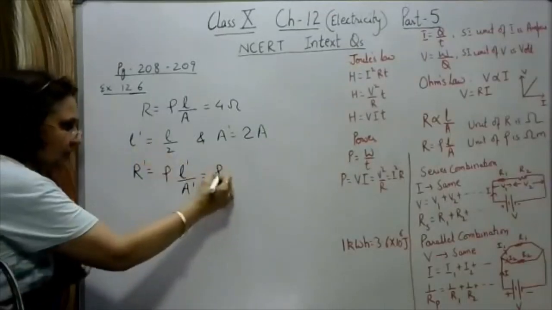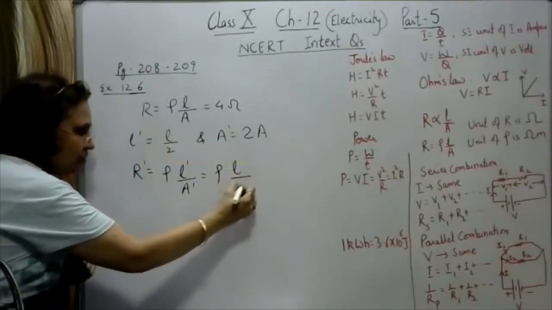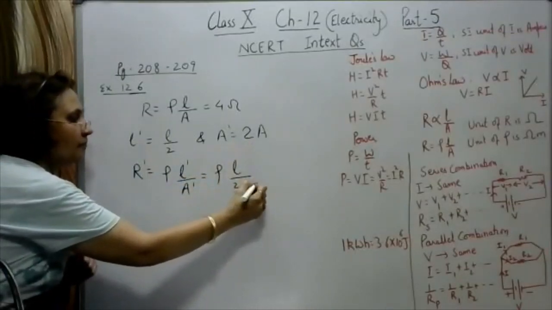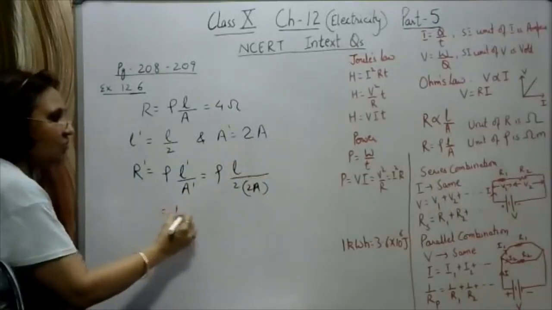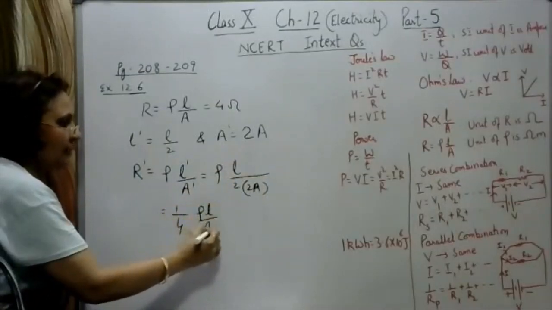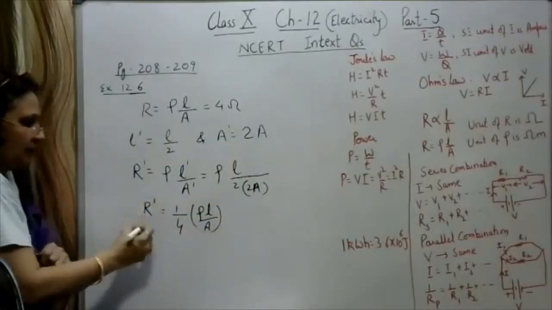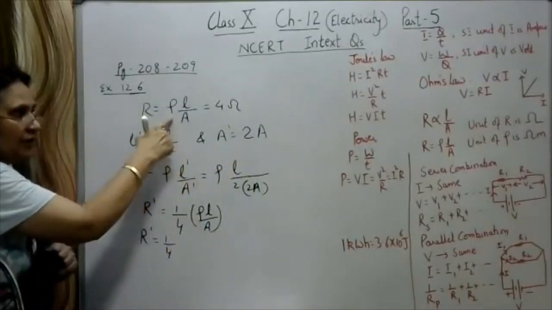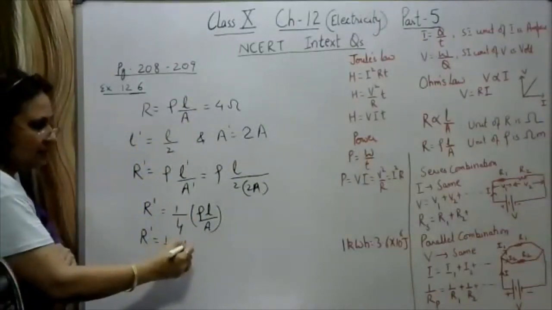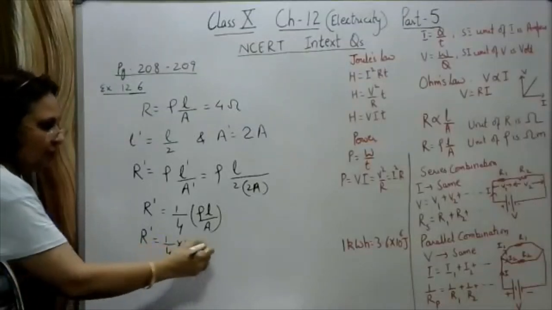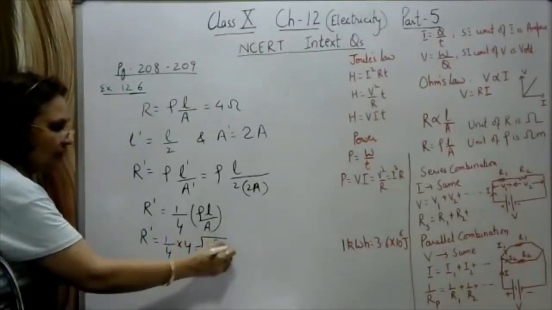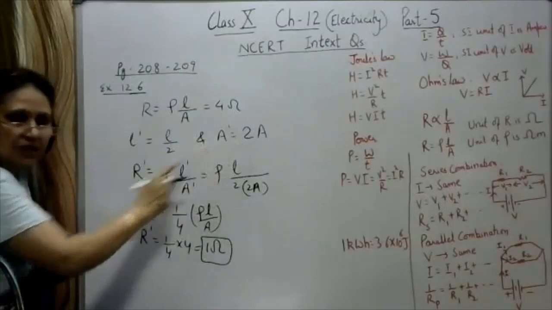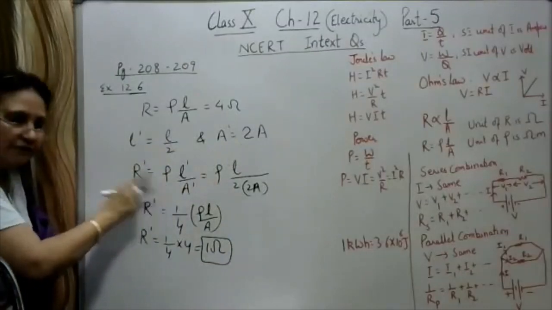Given in the question that L dash is L upon 2 and A dash is twice of A. So this is equal to 1 upon 4 rho L upon A. So the new resistance R dash is 1 upon 4 rho L upon A. From here you see that rho L upon A is equal to 4 ohms. So 1 upon 4 into 4 is equal to 1 ohm. And hence the new resistance will be 1 ohm when the length is half and the cross-sectional area is double of the same material wire.